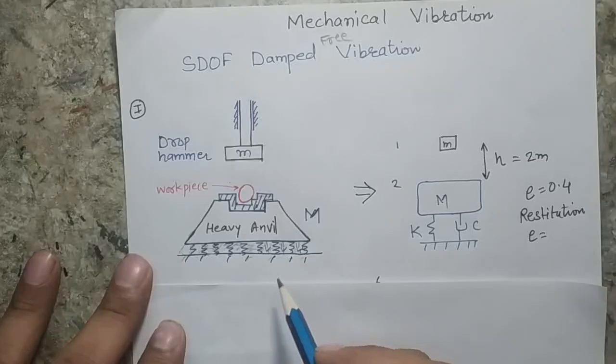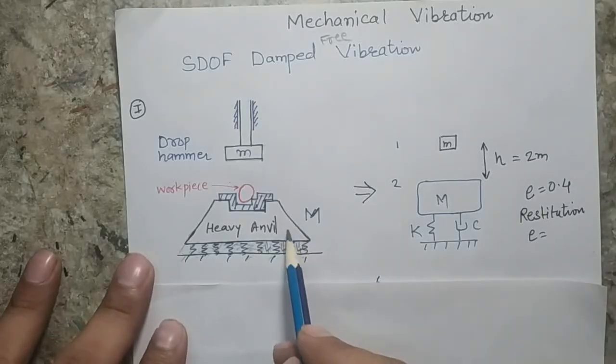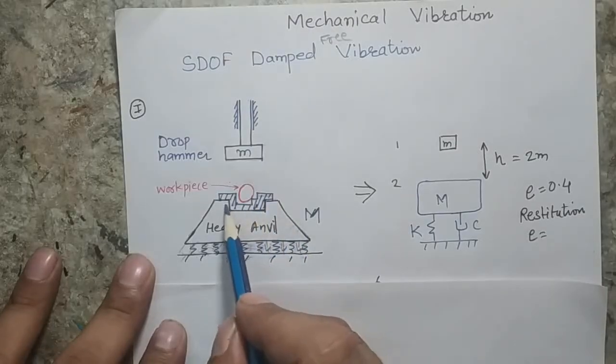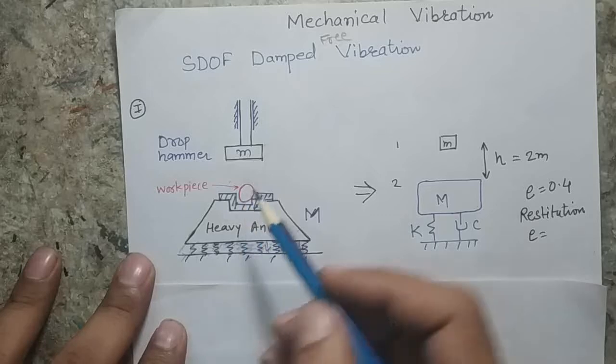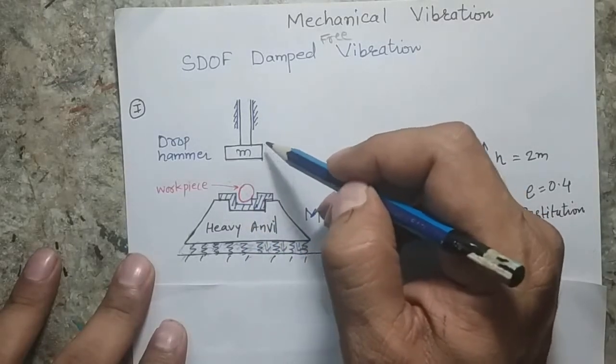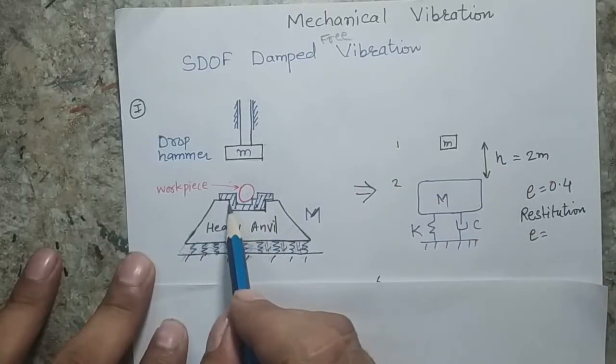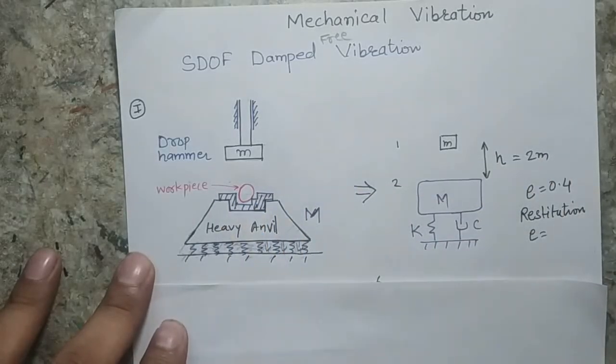The concrete will offer both damping as well as flexibility. Now this is a huge mass. On this large mass there is a die, and on that die there is a workpiece, and a heavy hammer drops on the workpiece so that there is a pressing and we get the forged component.